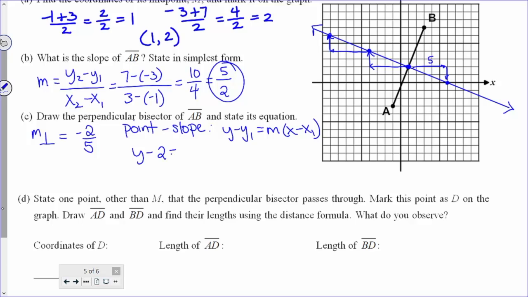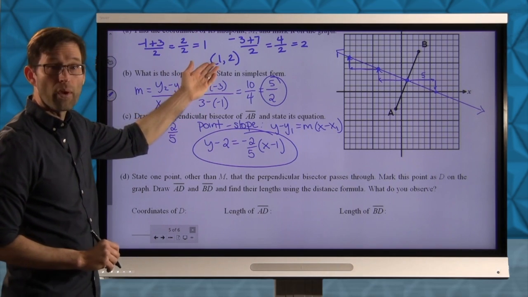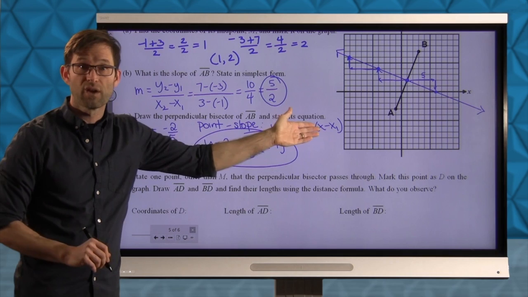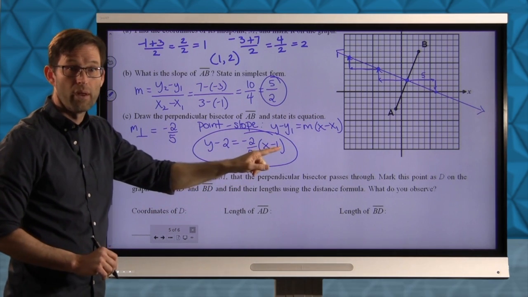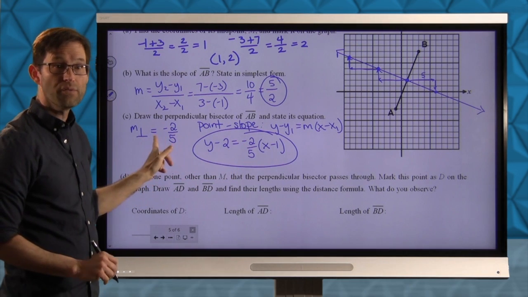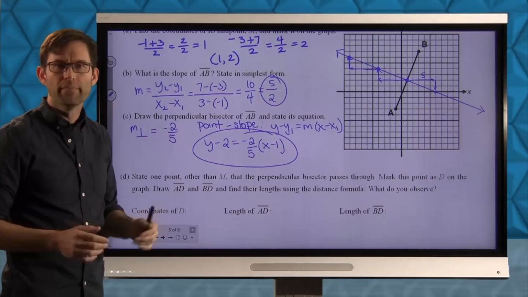Y minus 2 equals -2/5 times x minus 1. All I'm doing is using the point (1, 2) in this general form, and then I'm getting the slope, -2/5, from that perpendicular relationship.